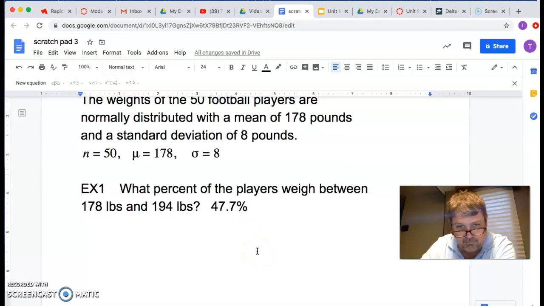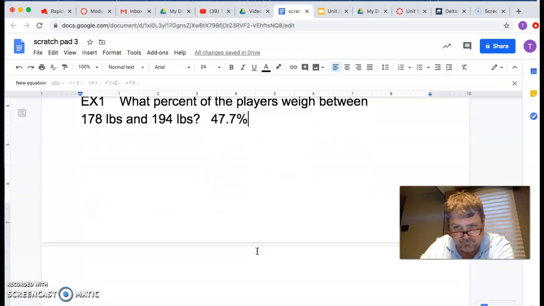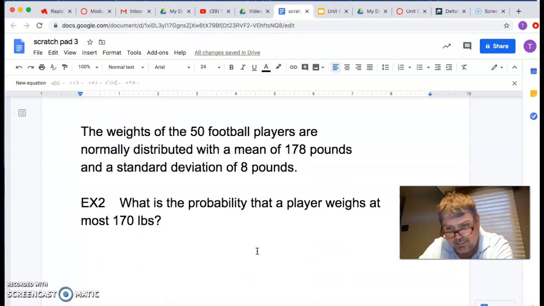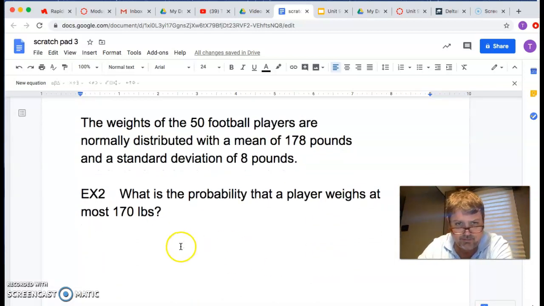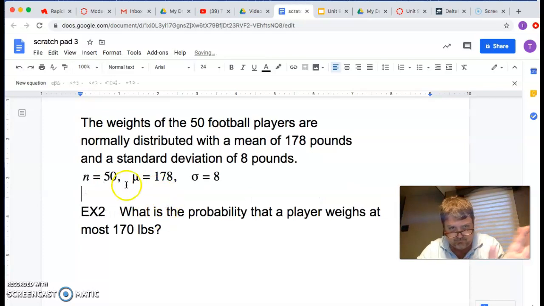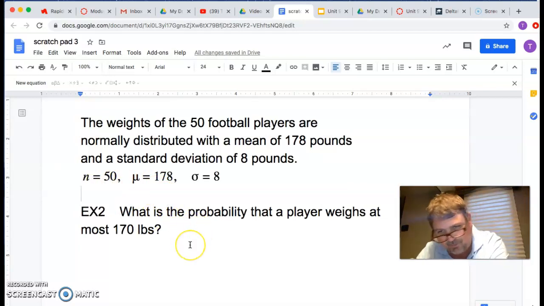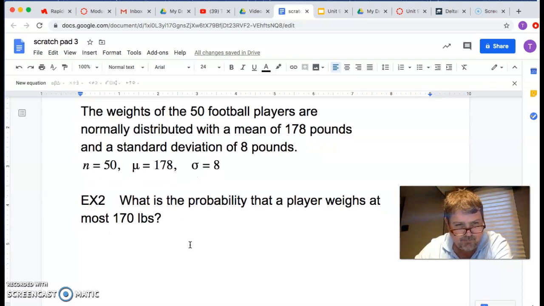Now I've got a couple more examples we're going to do really quick in this video, and they can get trickier. All right, same set of data. Let's write down what we know. Same problem. Same n is 50, and I'm using n for the population. That may or may not be the variable that we should use, I just used it. What is the probability that a player weighs at most 170?